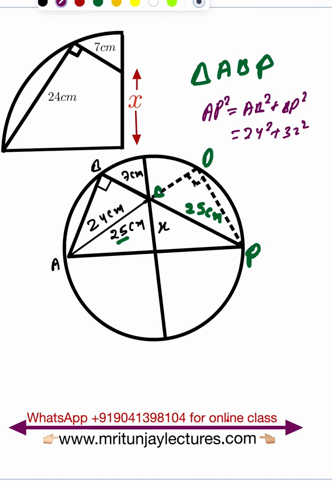So what about AP? AP is under root of 24 square plus 32 square. So we got under root 400.